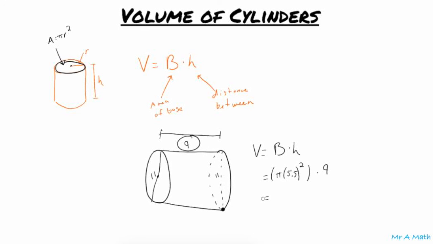If I get out my calculator and type in 3.14 times 5.5 squared times 9, I should get 854.865. Depending on how it tells you to round, I'm going to round it to the nearest hundredth place, so we're going to put 854.87. The units are whatever the units are, cubed, as my volume.